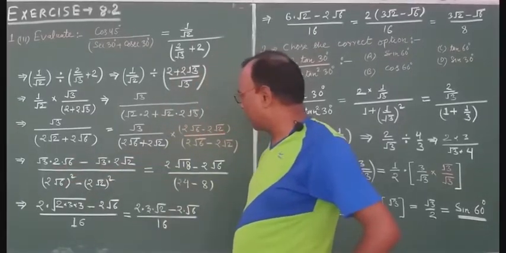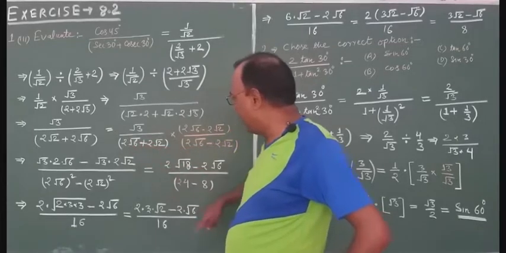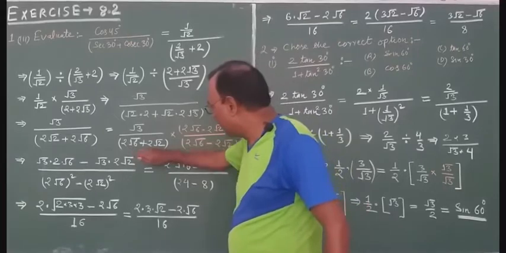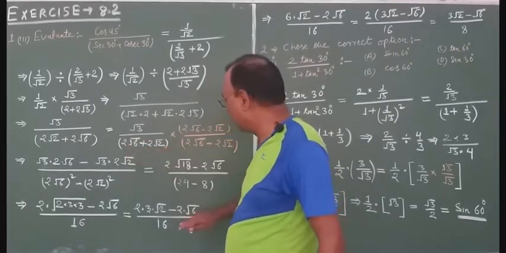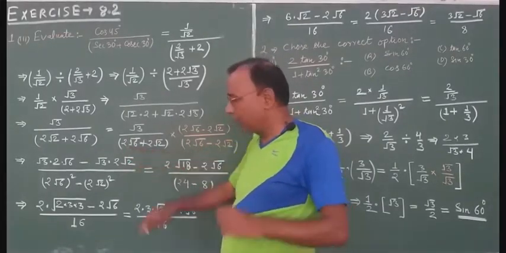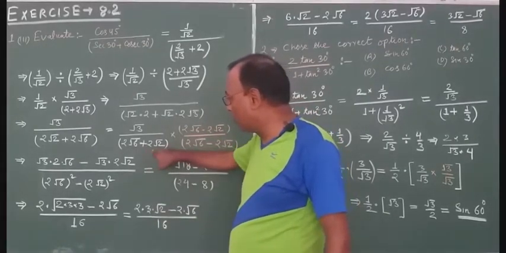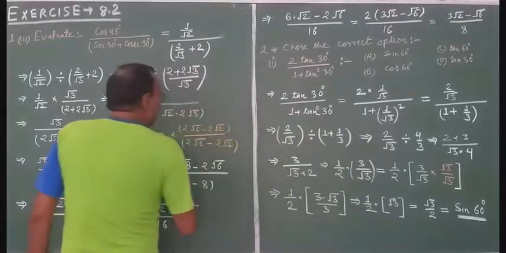now just look here, what is here? This is like a plus b, and this is a minus b. Just look at these two. This is just like a plus b into a minus b. In place of a, 2 under root 6, and in place of b, 2 under root 2. What is that formula?